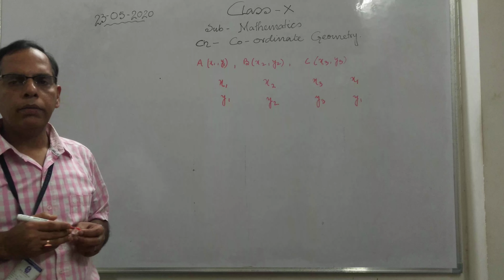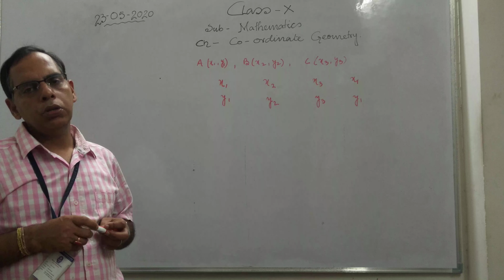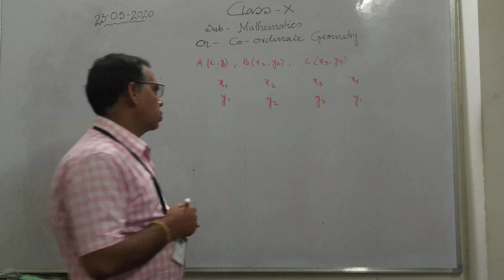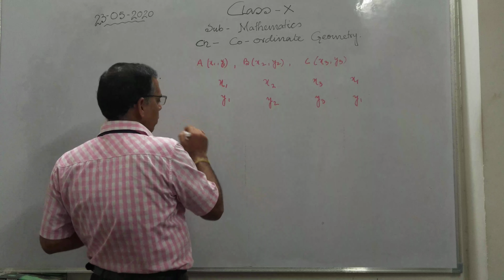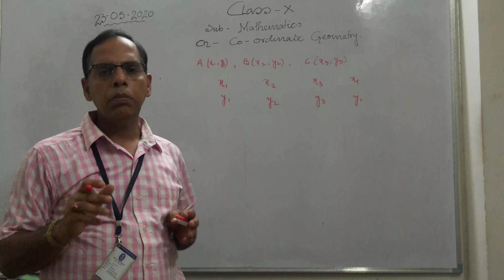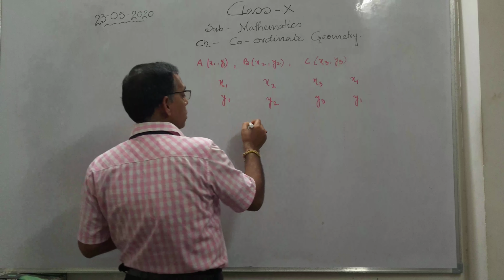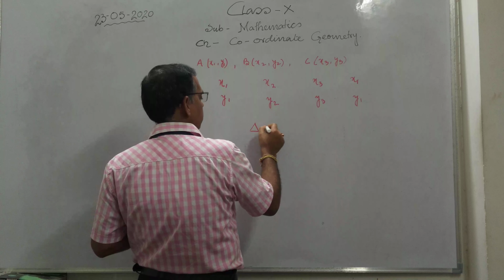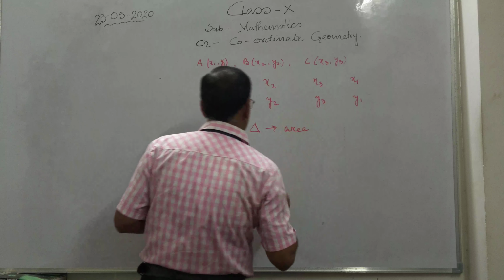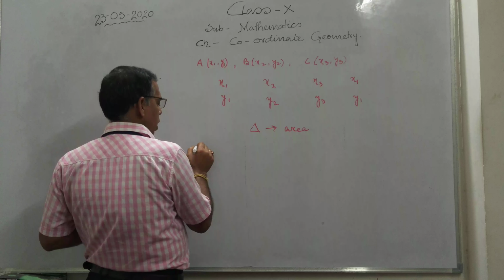If you remember, in linear equations also we used the same cross multiplication method. Remember, the area of a triangle or of any figure is denoted by delta. Delta stands for area.